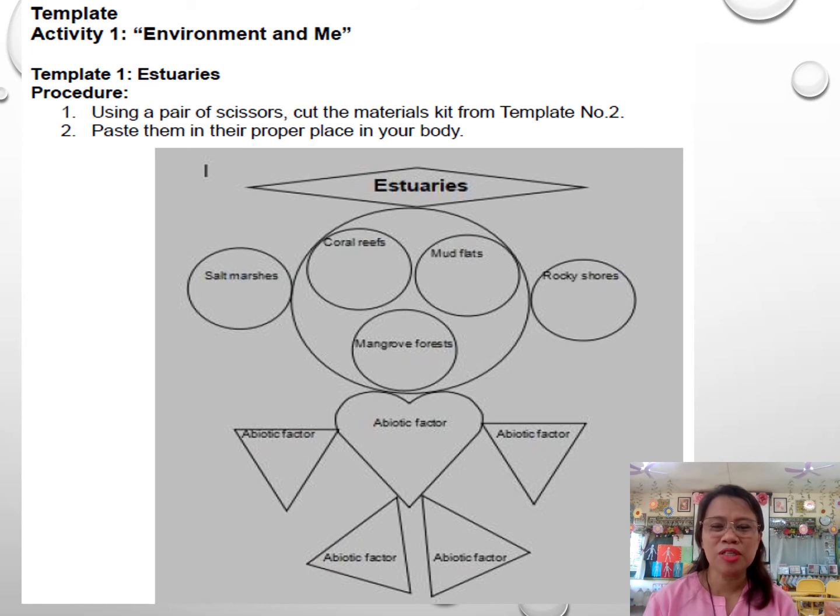Using a pair of scissors, cut the materials kit from template 2. Paste them in their proper place in your body. You draw it, you cut it, then you paste it inside. Okay?